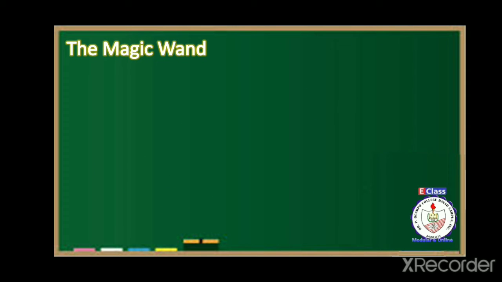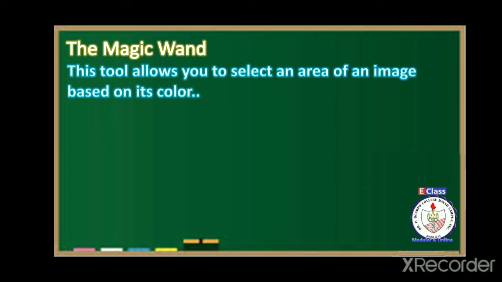Let's move on to another tool in Photoshop: the magic wand. This tool allows you to select an area of an image based on its color.